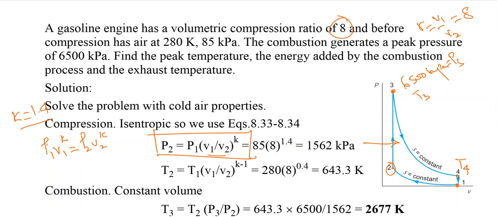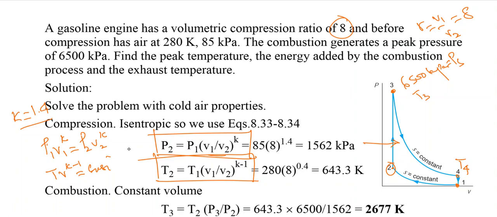For the temperature, we can write the equation T V raised to power k minus 1 is equal to a constant. That also means T1 V1 raised to power k minus 1 is equal to T2 V2 raised to power k minus 1. So T2 would be equal to T1 times V1 by V2 raised to power k minus 1.